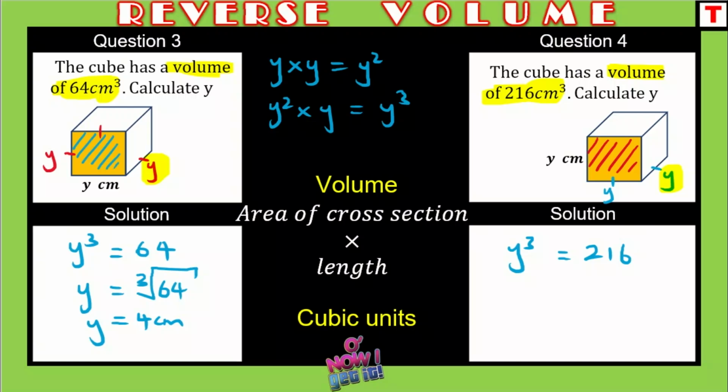So to undo cube, we are going to take the cube root. So therefore we're going to have y is equal to the cube root of 216. And this is asking us what number multiplies by itself 3 times to make 216. And this is going to be 6. So therefore y would be equal to 6 centimeters.